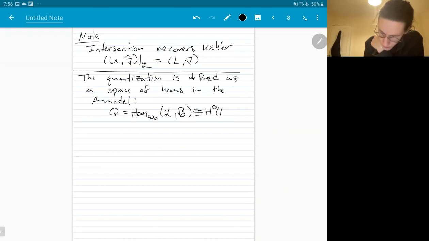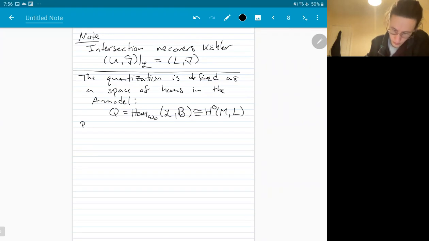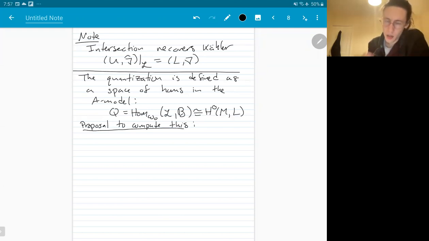This should recover the global sections of L. There isn't really a general way to compute this, but we have a proposal that seems to work for our purposes. So what is the proposal to compute this? It's based on holomorphic geometric quantization.